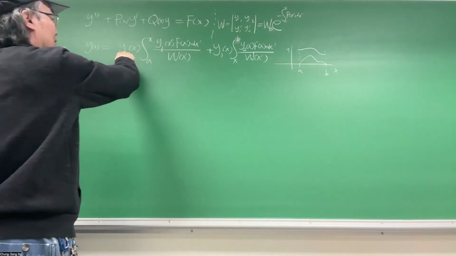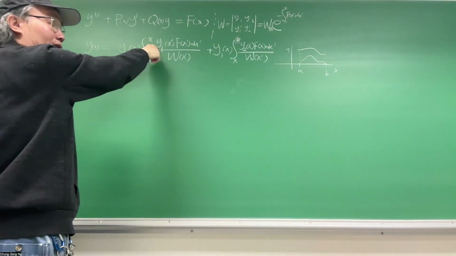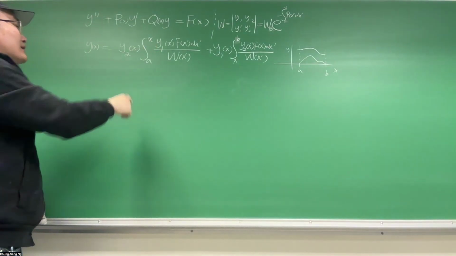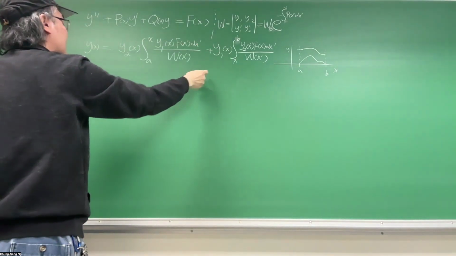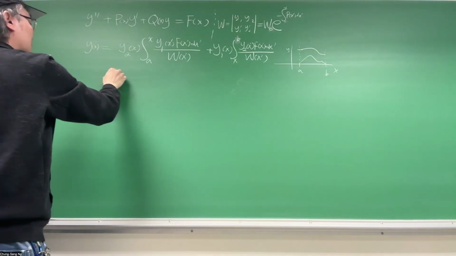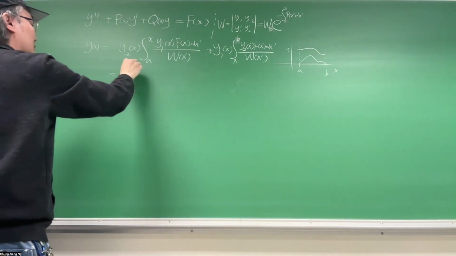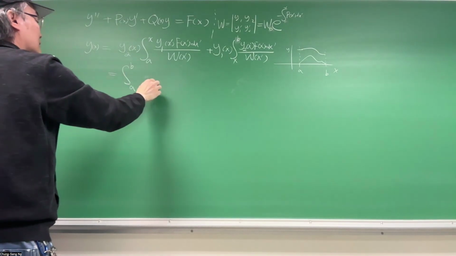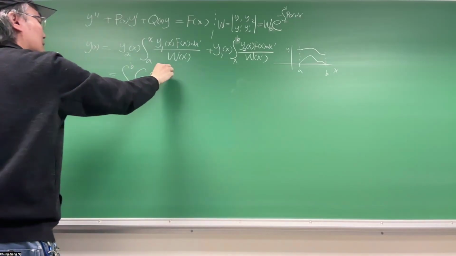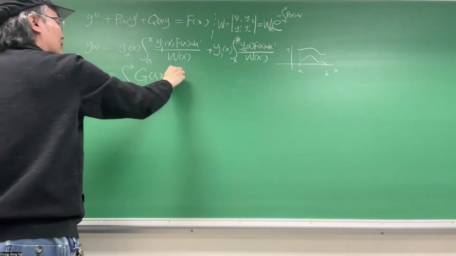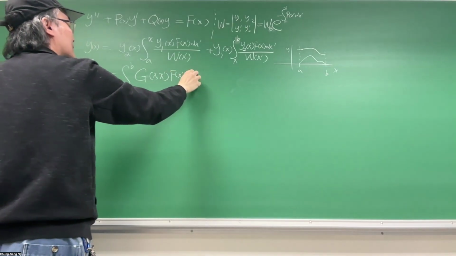So first you move y2 inside the integrand. That is allowed, doesn't matter, because you integrate over x prime. You move x inside, doesn't matter, right? And then you write it as the integral of what we call a Green function, which depends on x and x prime, times f of x prime.